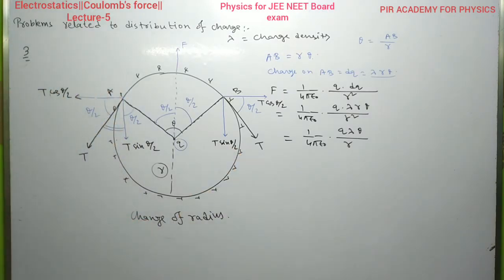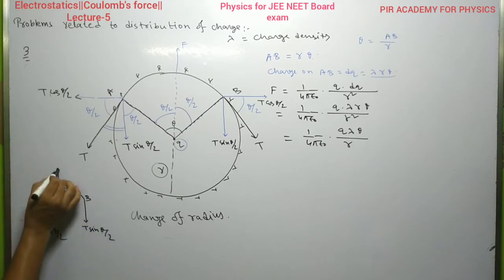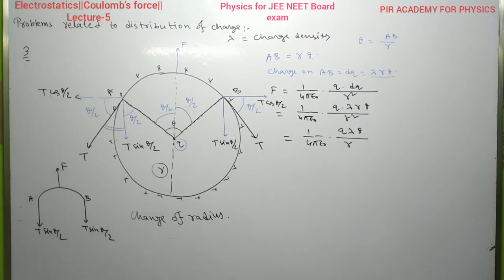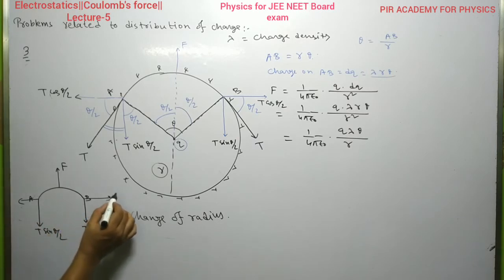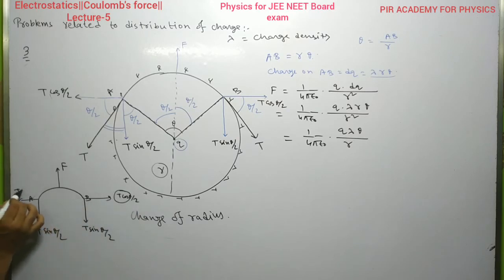So for this condition, this is the AB portion. The tension is T sine theta by 2 here, T sine theta by 2 here, and along this direction is F, and this component and this component cancel out. The components T cos theta by 2 and T cos theta by 2 cancel out.